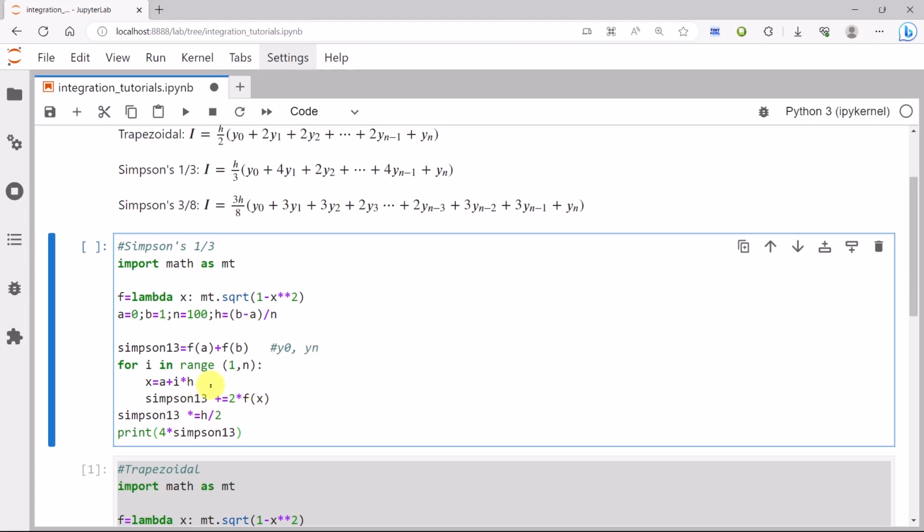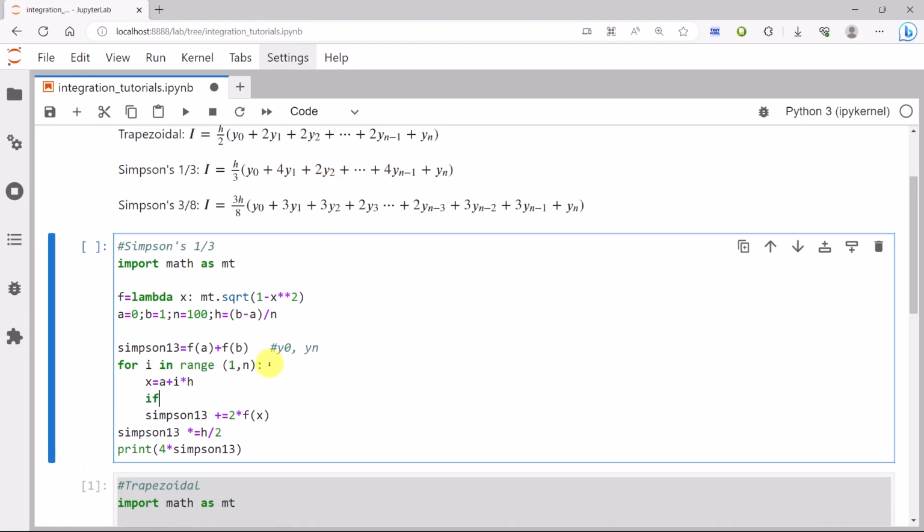So now I have to do whatever I have to do here. So if i is odd, then it would be 4. Otherwise, it will be 2. So if i is even, then it would be 2. So let us put it this way. So if i mod 2, the remainder of i, is 0, then it will be incremented by 2 times f(x).